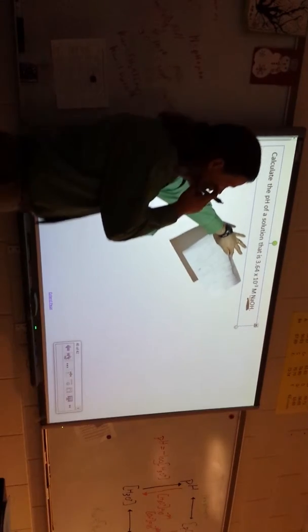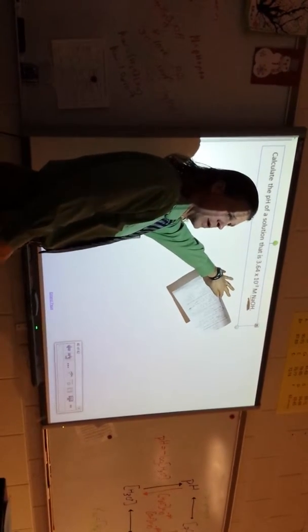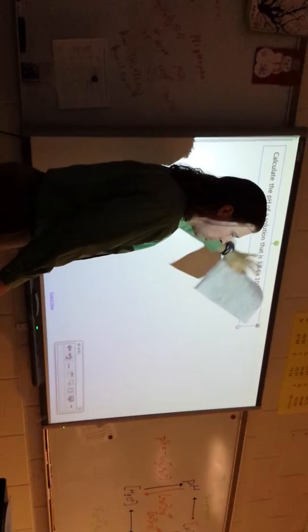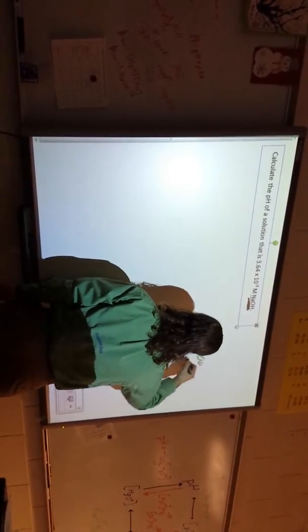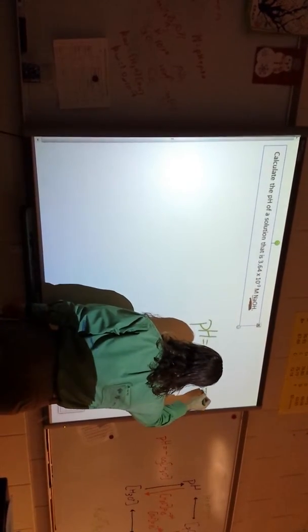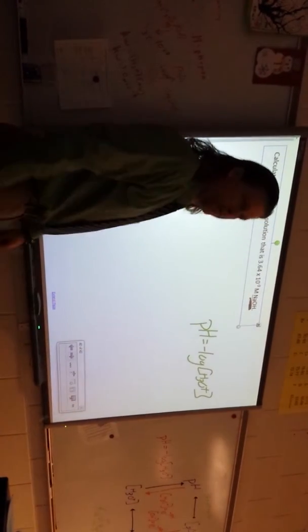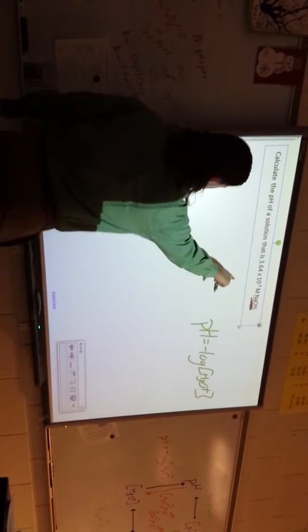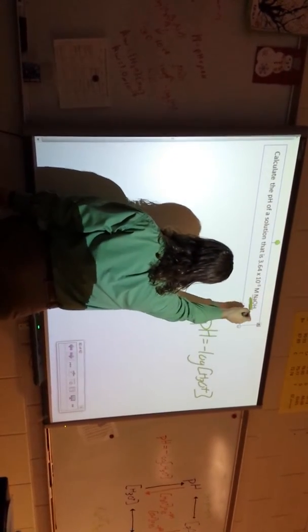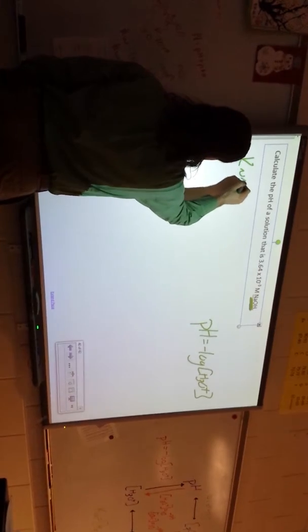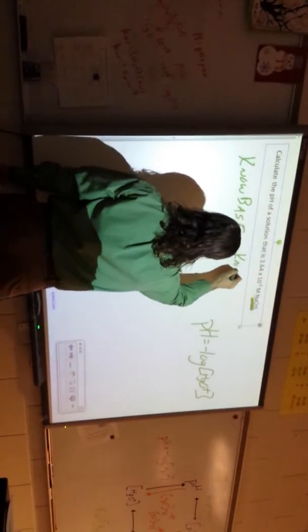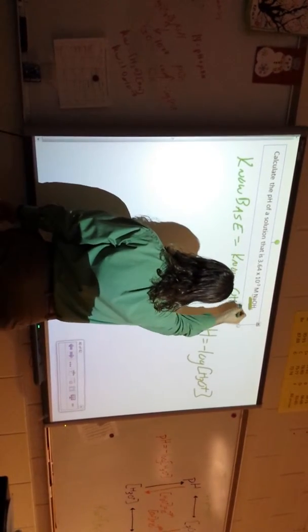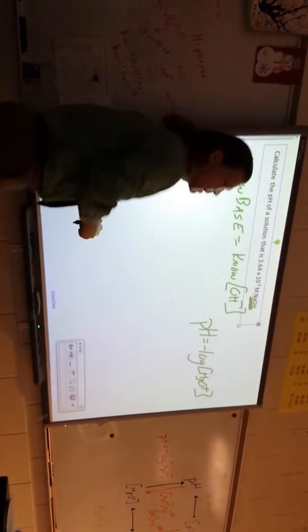Number 4 says calculate the pH of a solution that's 3.64 times 10 to the minus 3 molar sodium hydroxide. In order to calculate pH, I need to use the pH equals negative log of H3O+ formula. But because this is a base, and I know it's a base because of the OH, I know the OH minus concentration.